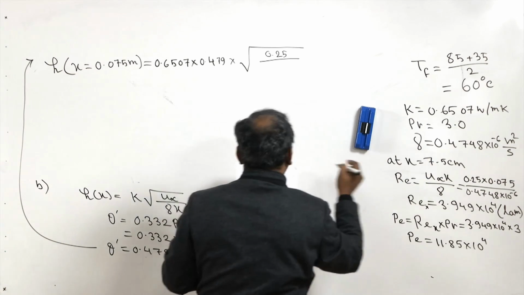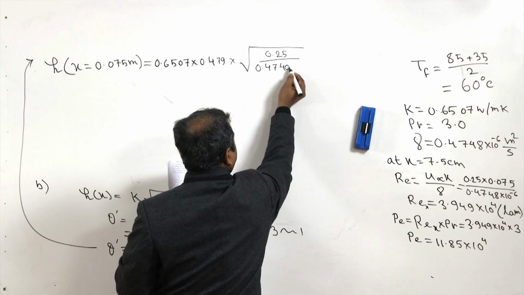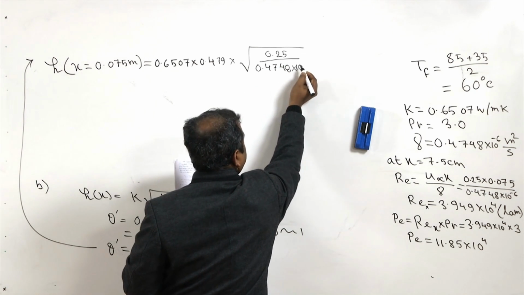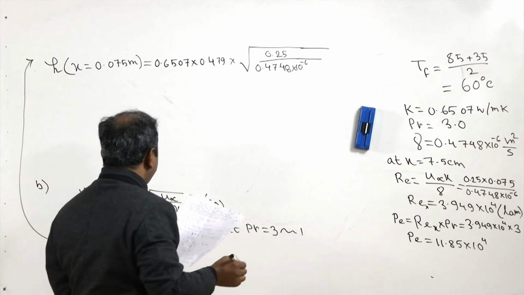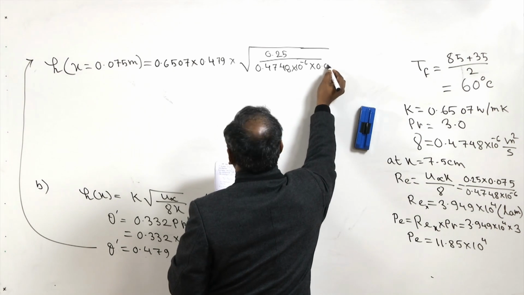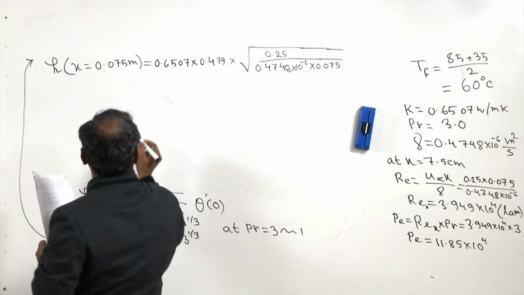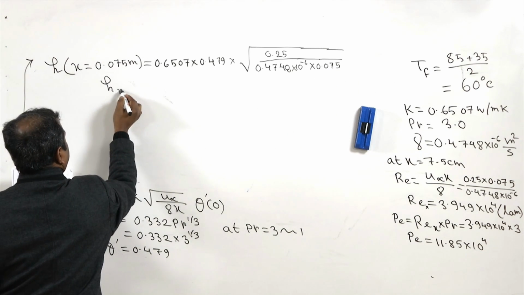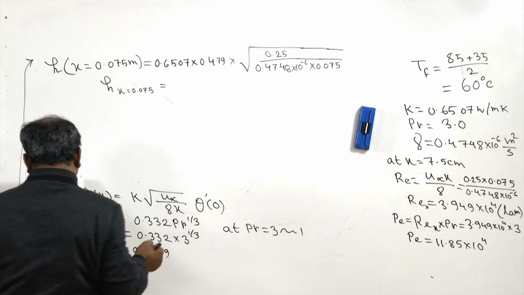Nu is 0.4748 into 10 to the power minus 6, and x is 0.075.